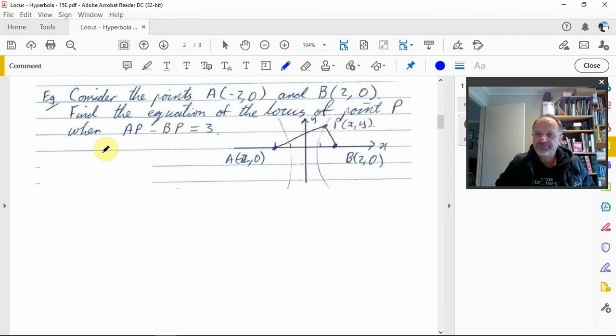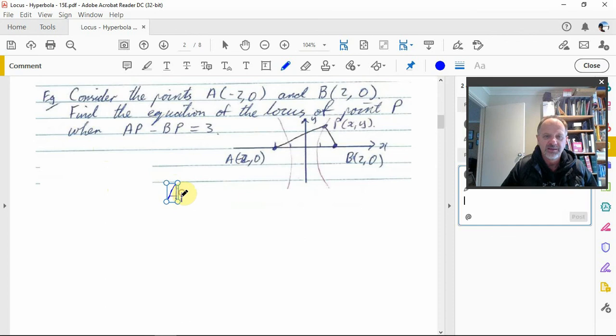All right, so there's a bit of mucking around, and we're using the distance formula again as we did before. We're starting with AP minus BP equals 3.